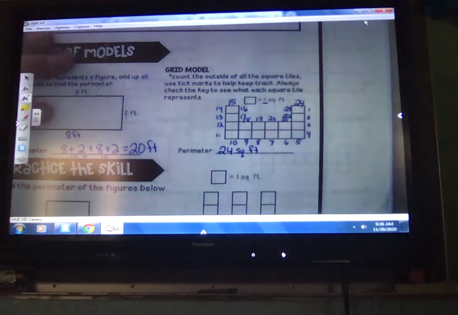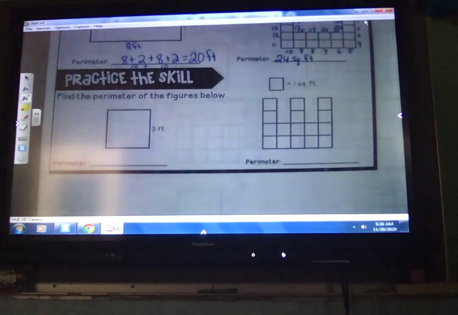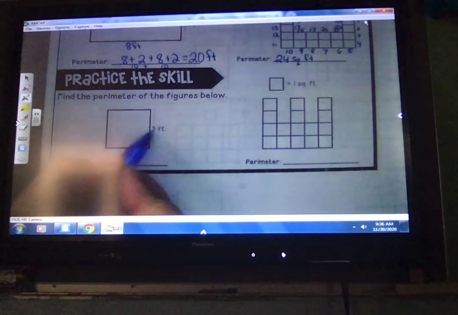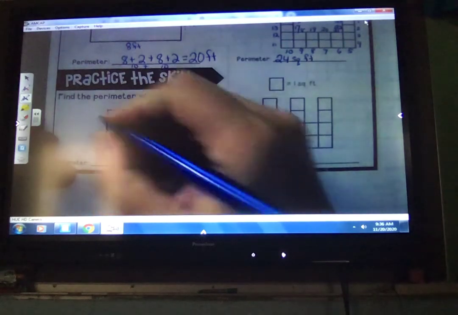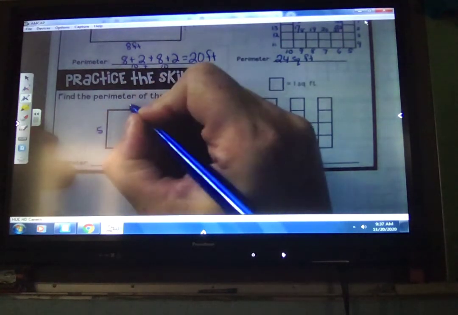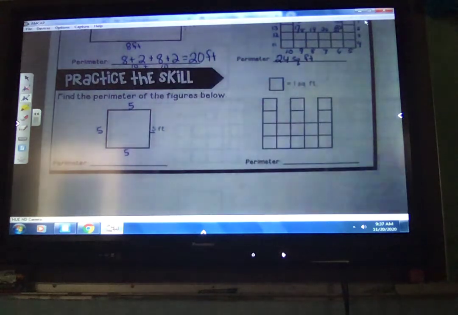All right, there's two more practice ones down at the bottom. So this is what kind of shape? It's a square, which means every side is the same. So if this one side is 5, what's this side? 5. What's this side? 5. What's this side? 5. So the first thing you need to do is write down all of your sides.